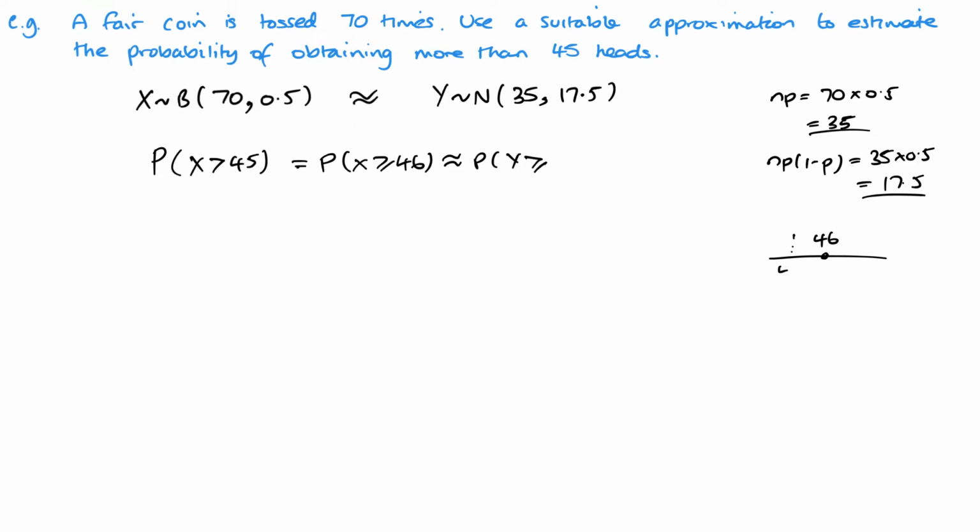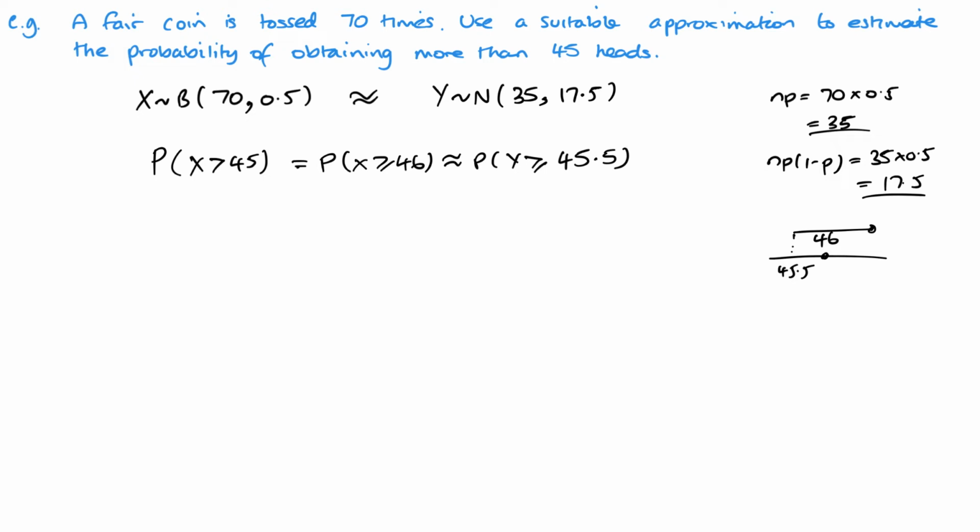We're looking at greater than, so it's got to be everything that rounds up to this 46 that's still involved. Because we're going in this direction, if I picked 46.5, I'm obviously missing out loads, including 46 itself. So it's got to be this 45.5. So we're looking at 45.5 there.